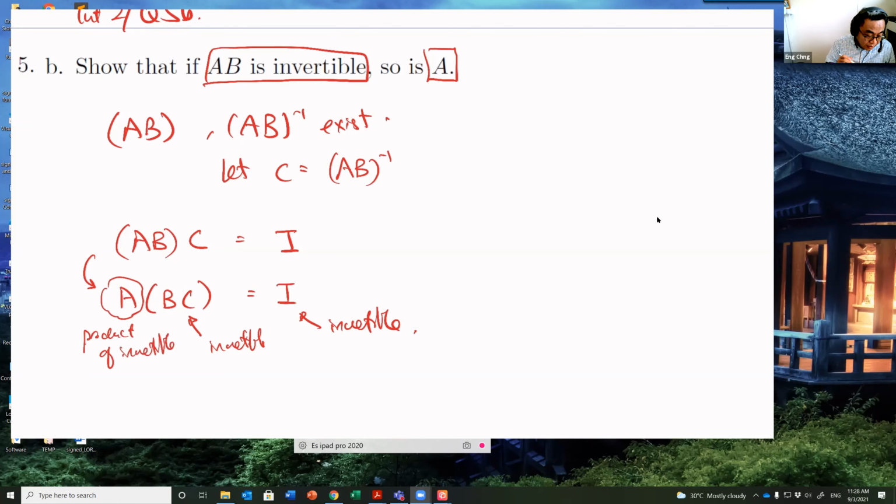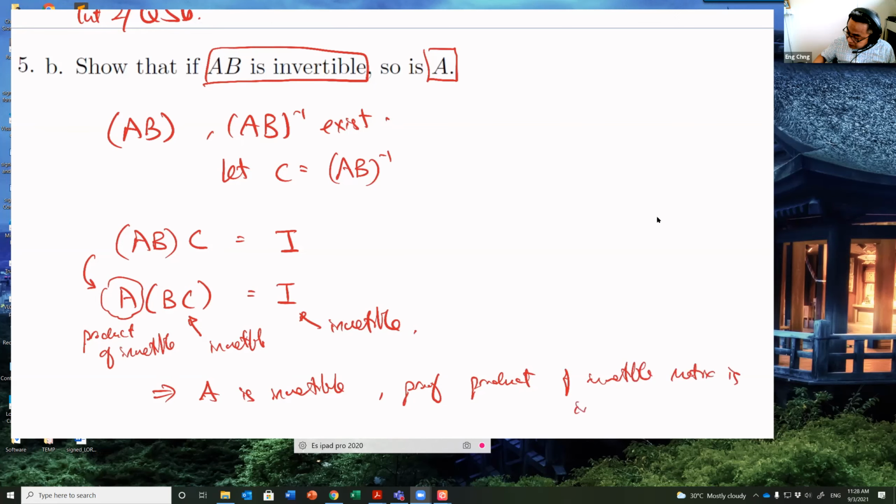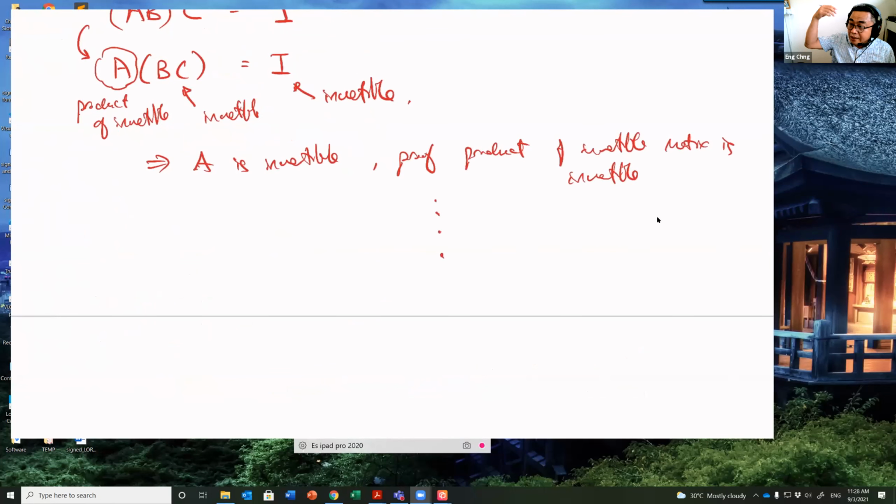And therefore A must be invertible. A is invertible. Then we have to prove the product of invertible matrices is invertible. And then of course you have to do what I had done in the previous step.